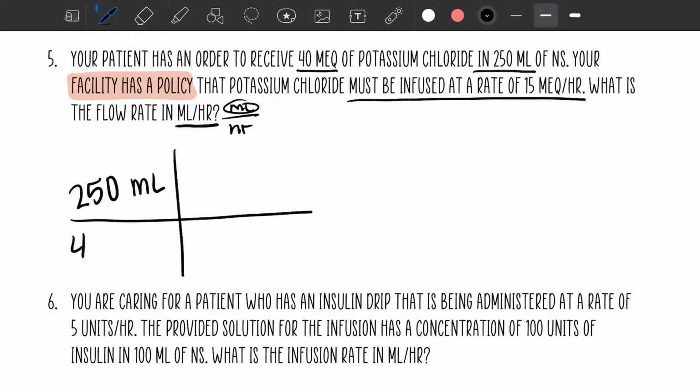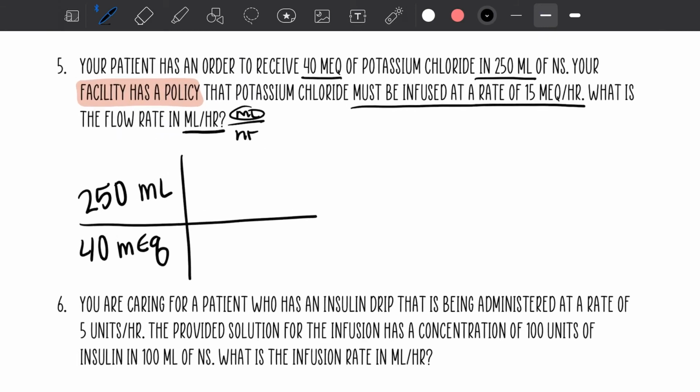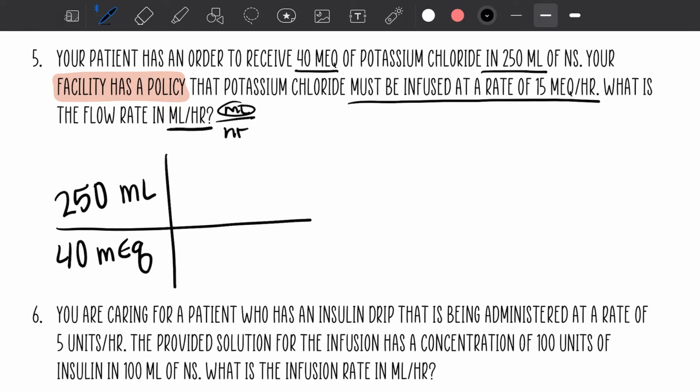Pop our 40 milliequivalents down here. And then our recommended rate, or our policy rate, is going to be what we have available, and that's going to go on our right. We have 15 milliequivalents for 1 hour. Our milliequivalents cross out. We're left with milliliters over hour, which is what we need.